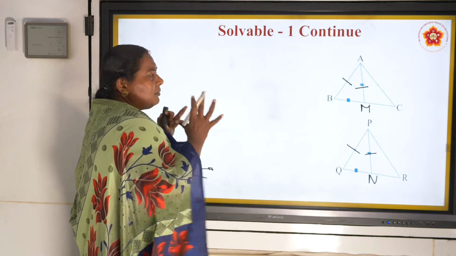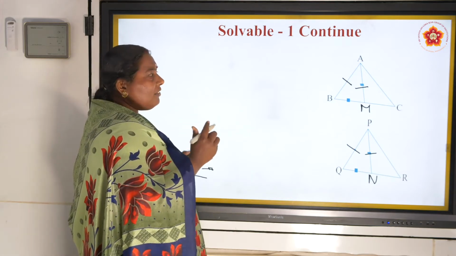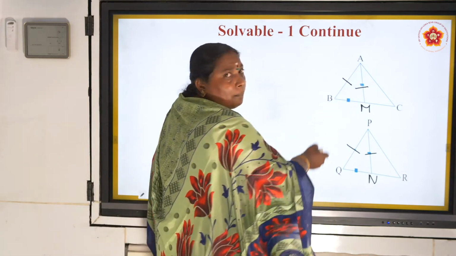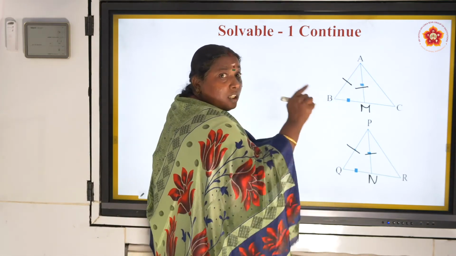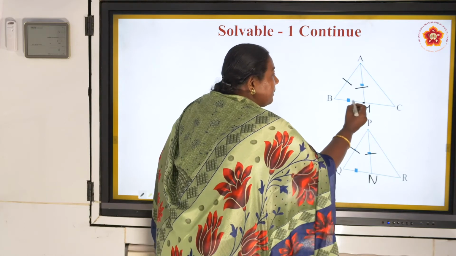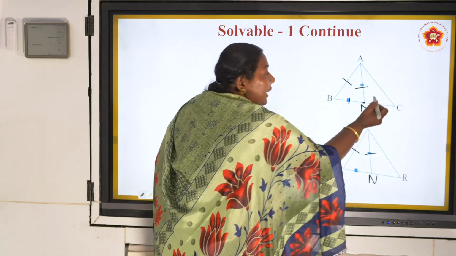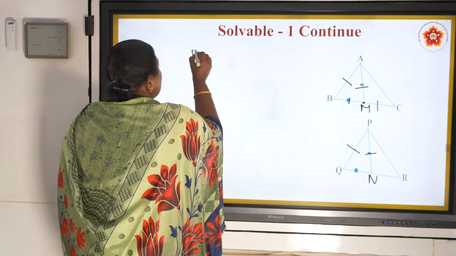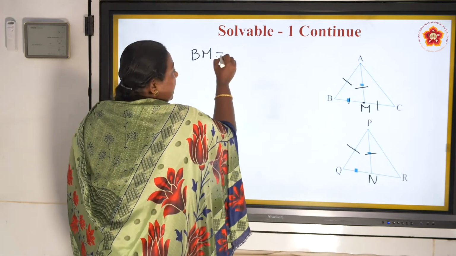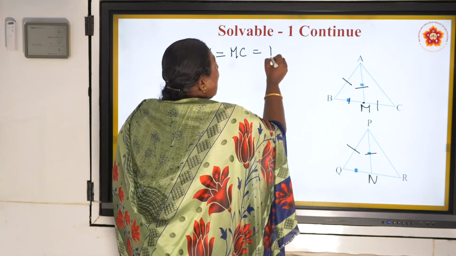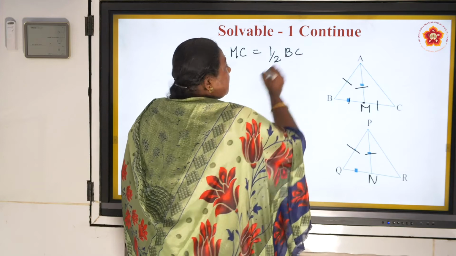They have given one hint: AM is a median. Median means it should touch the midpoint. That means BM should be equal to MC, which is equal to half of BC.